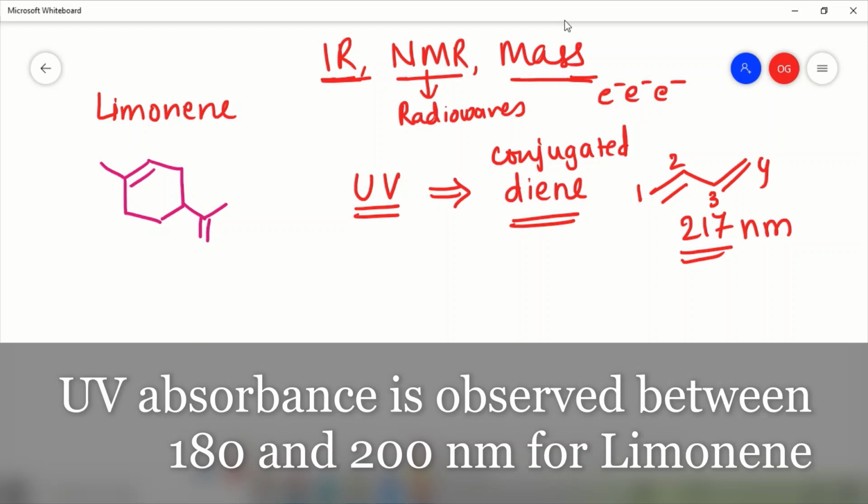Definitely we do not see a conjugated diene system over here, so we can expect the peak for limonene to be lesser than 217.